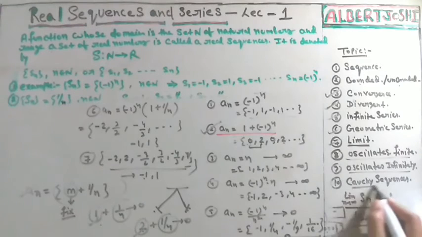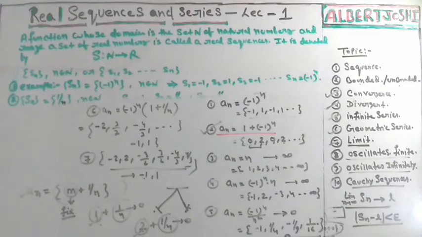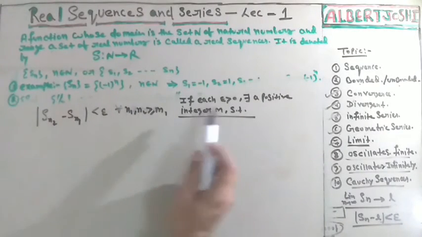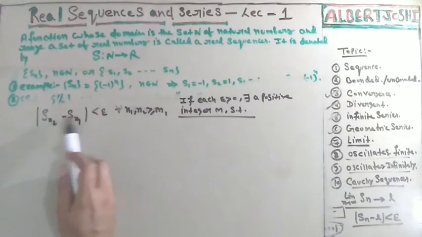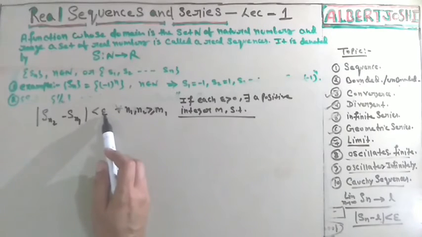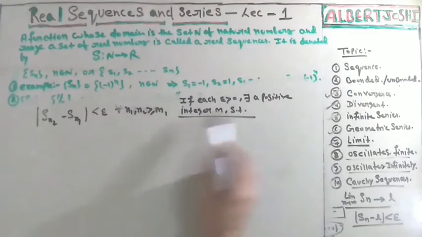Okay, so at last we will discuss what the Cauchy sequence is. I am just erasing it. So what is a Cauchy sequence? In the Cauchy sequence, suppose you have any sequence and you are taking any two values n1 and n2. If for each two sub-intervals, the modulus of Sn2 minus Sm is less than any positive value for all n1, n2 greater than or equal to 1.